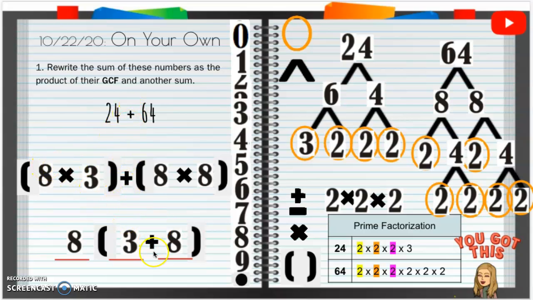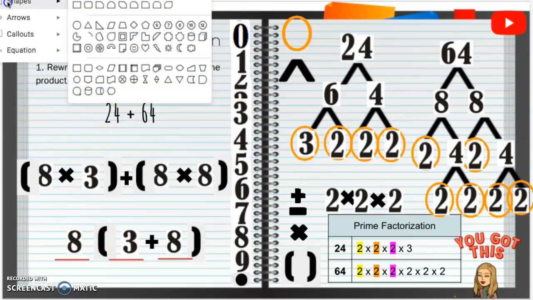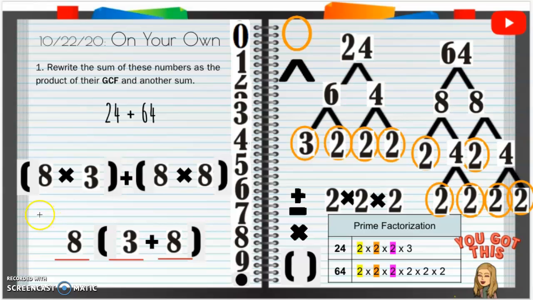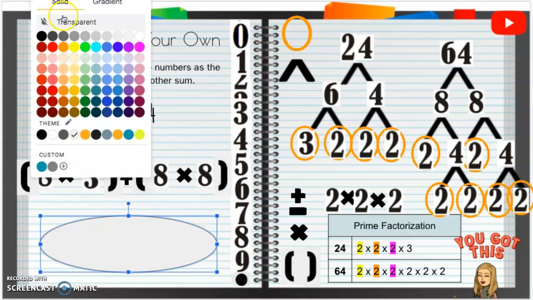If I distribute this 8 to this 3, that means 8 times 3, which equals 24. If I distribute that 8 to the other 8, that means 8 times 8, and 8 times 8 is 64. So that is going to be our answer. You can circle it if you want to. You don't have to. But that is our answer, and that is all for the On Your Own. Great job.